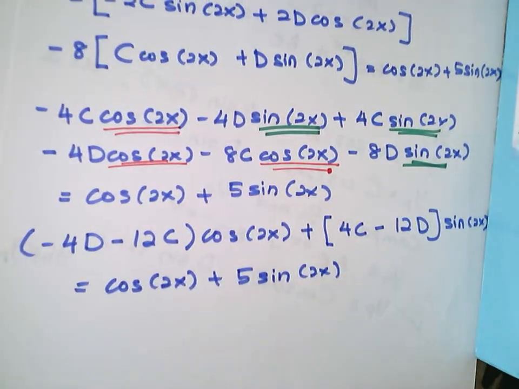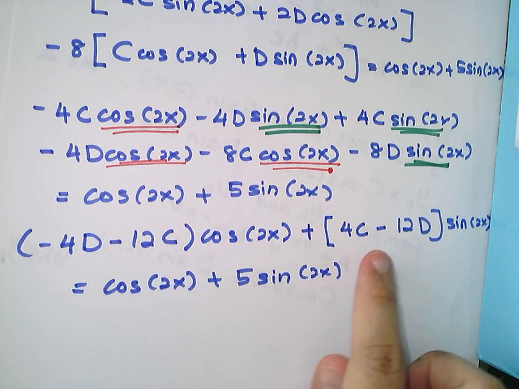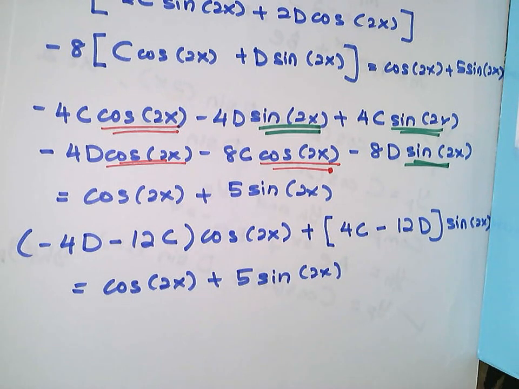Okay, before that, as you can see here, I'm writing D in front and C at the back, but for this one I'm writing C in front and D at the back. So actually you can use either way around. But before we can compare, you have to rewrite this again. So let's choose this one.